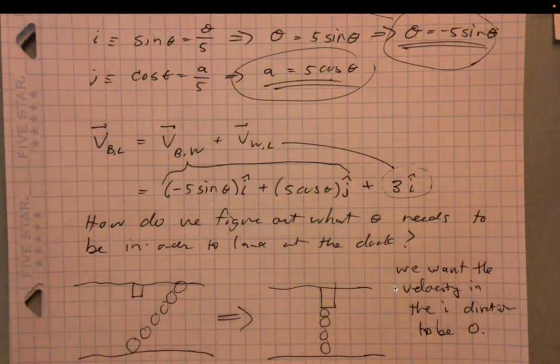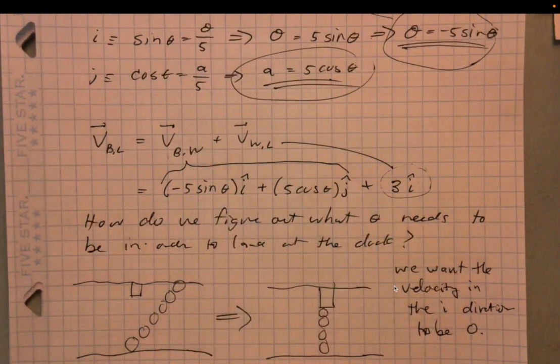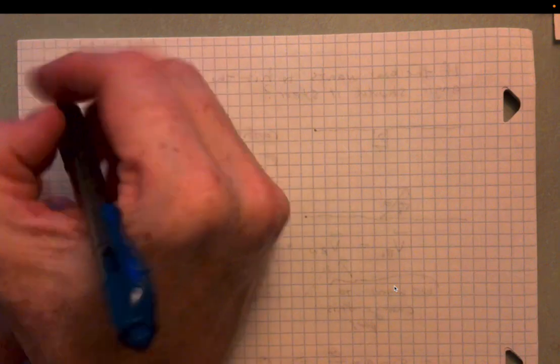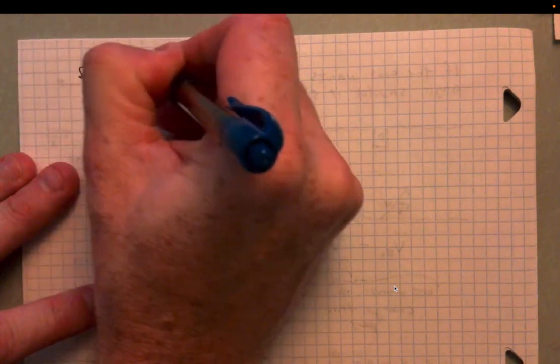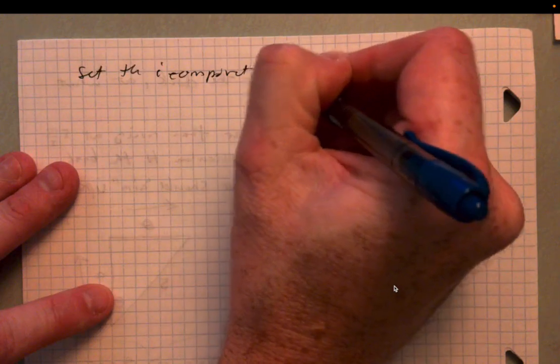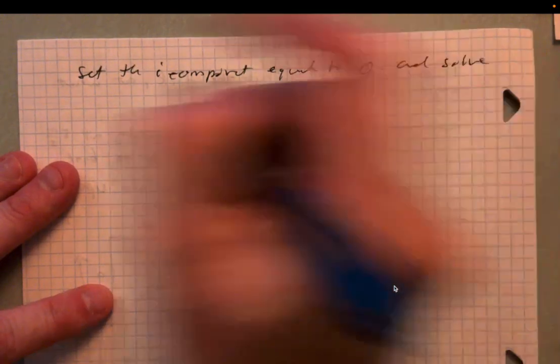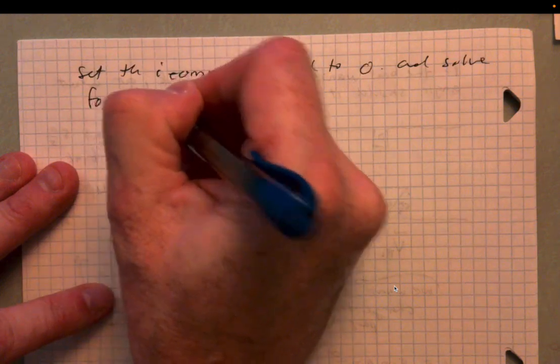So another way to do it is to just say, look, I want the i component to equal 0 and then figure out what theta needs to be. And that's what we're going to do. Okay, so we're just going to solve a simple little expression here. We want to set the i component equal to 0 and solve for theta, right?